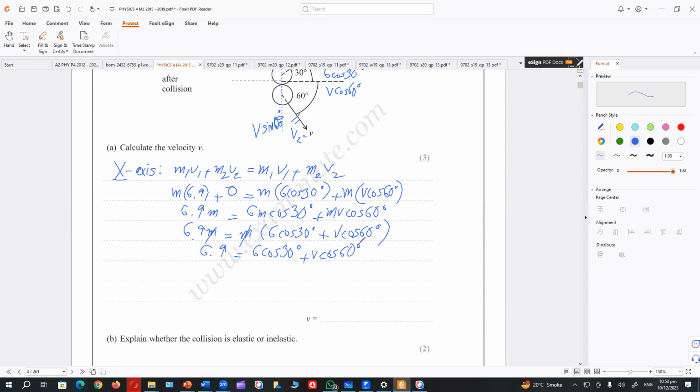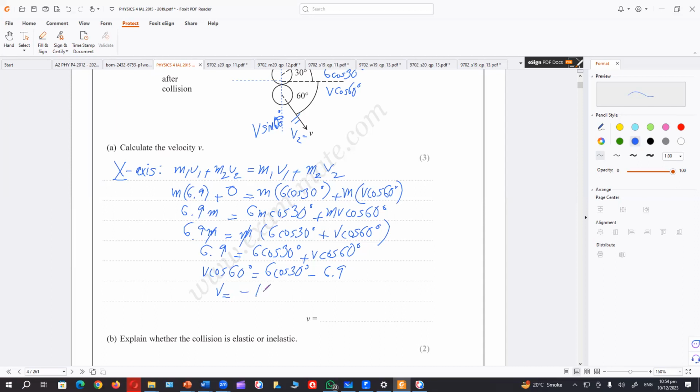So now can you solve it? What is 6 cos 30 if we make V cos 60 the subject? So we solve for V cos 60, which is equal to 6 cos 30 minus 6.9. How much do we get? Minus 1.7.